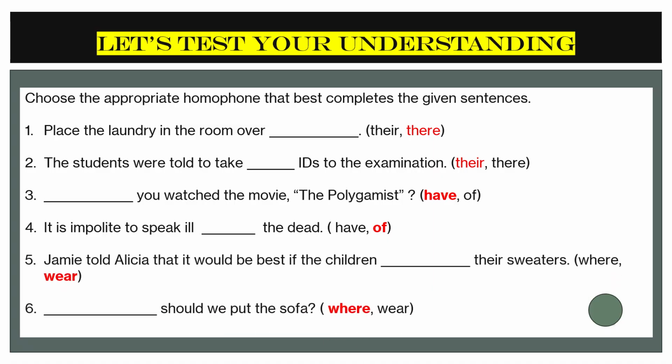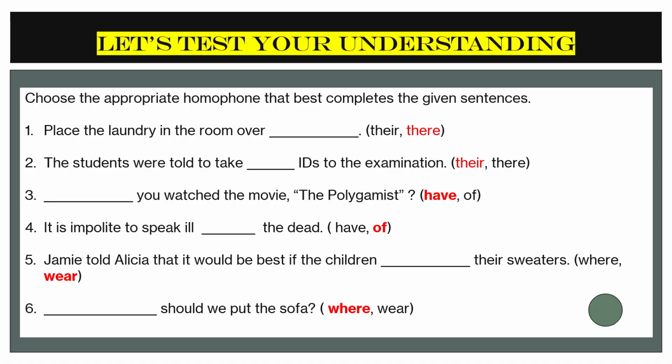And the answers to the given activities are as follows. Put the laundry in the room over there, THERE. The students were told to take their THEIR IDs to the examination. Thirdly, have you watched the movie The Polygamist? HAVE. And fourth, it is impolite to speak ill of the dead.